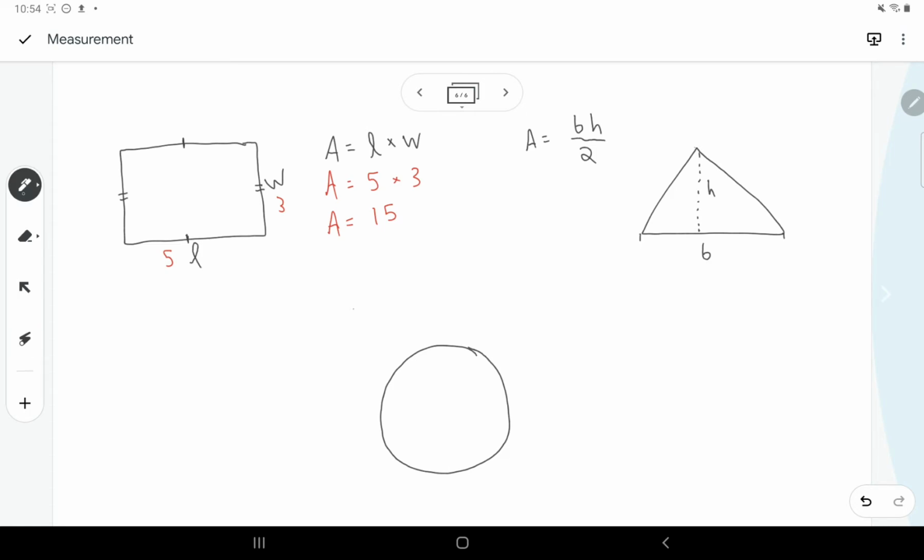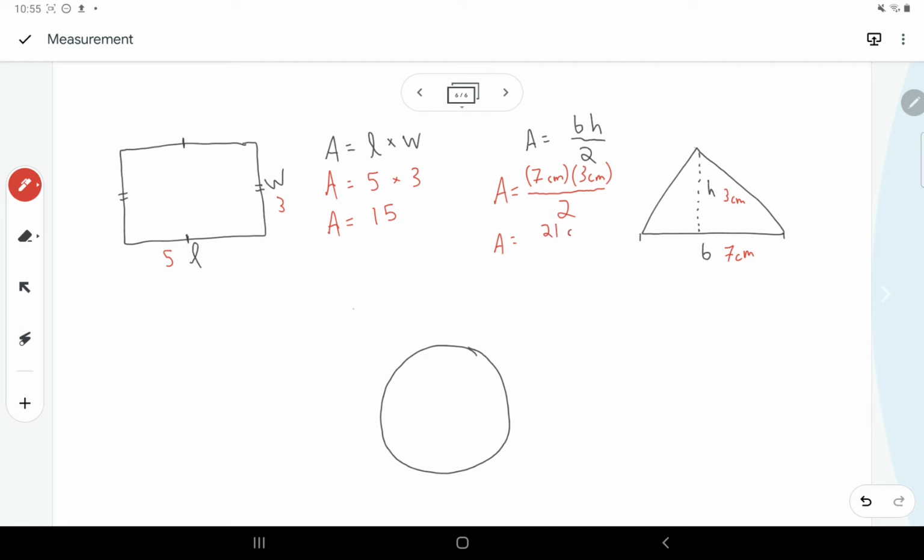So if, for example, we had a height of, say, 3 centimeters and a base of, say, 7 centimeters, we would end up with area equals the 7 centimeter base times the 3 centimeter height over 2. We take 7 times 3, which is 21.